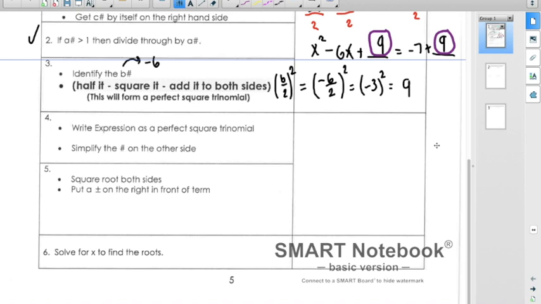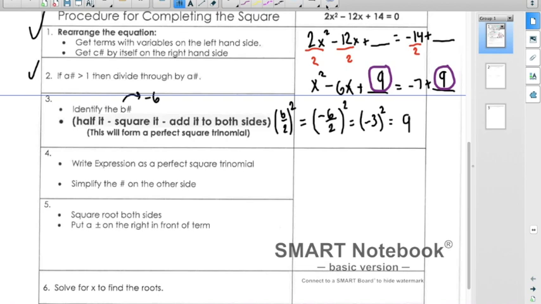Now, step 4, write the expression as a perfect square trinomial and then simplify the number on the other side. So now what we have, if we do the x box, if we factor out this left side, right? If you factor that out, what adds to negative 6 but multiplies to 9?